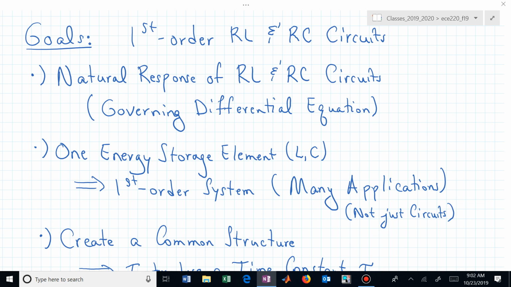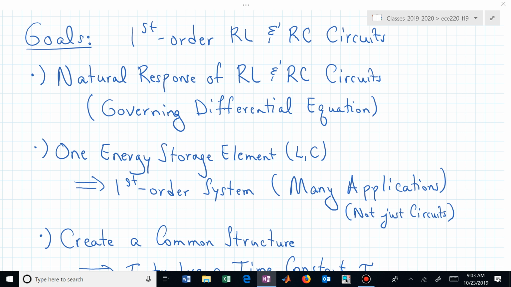Giving you the spoiler alert, these are all going to be exponentials. We're just exponentially decaying. How fast that exponential behaves is what you have to pay attention to. What is the exponent in this exponential decay? We'll look at the governing differential equations.